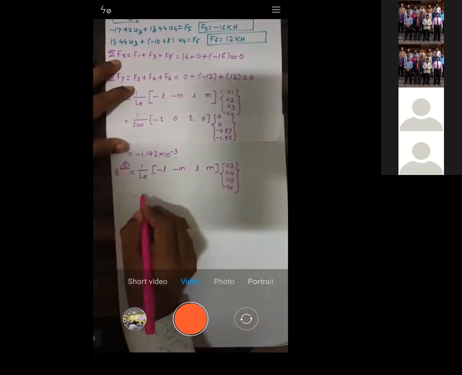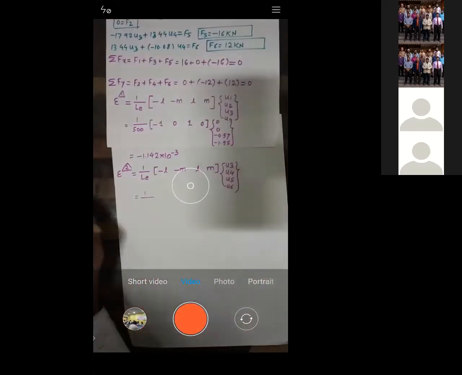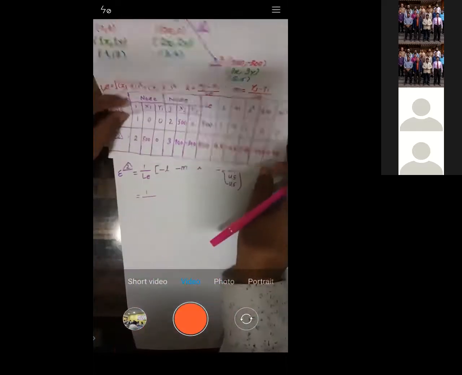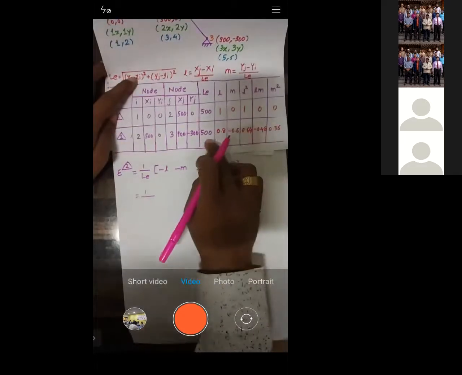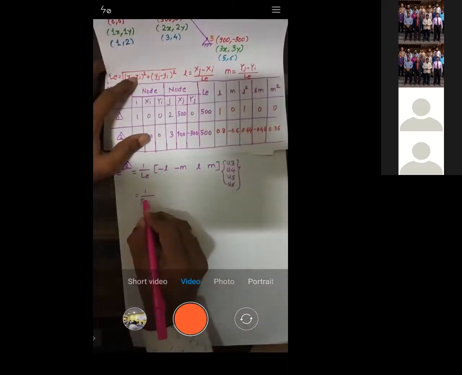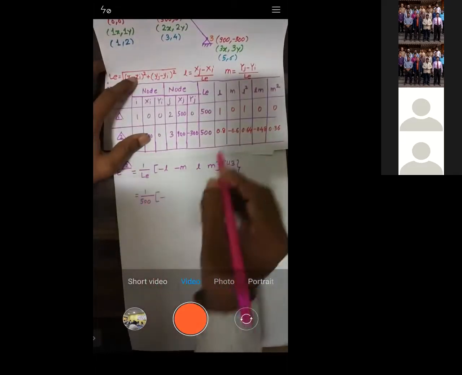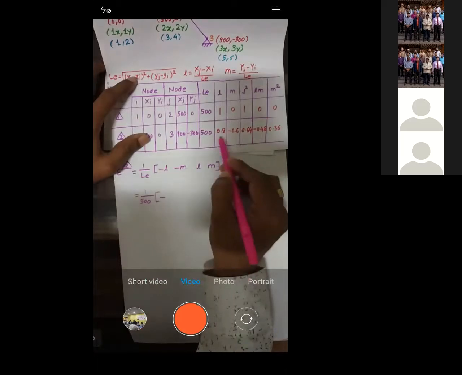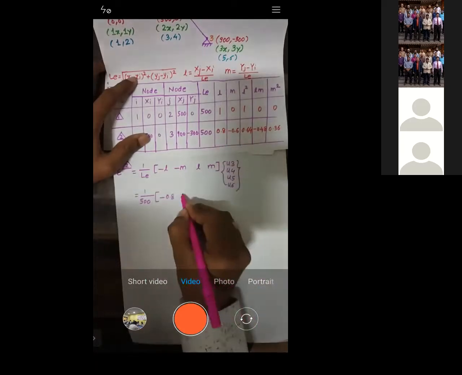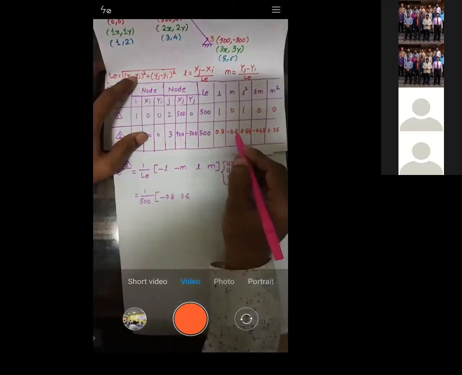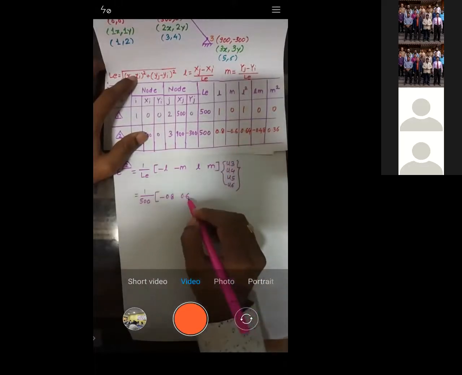So let's calculate that. 1 by length of element number 2, it's 500 again, multiplied by minus L, minus M. So this will come as minus of minus 0.6, it's 0.6.